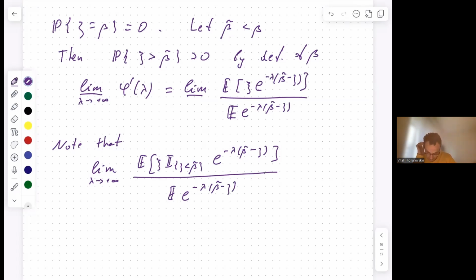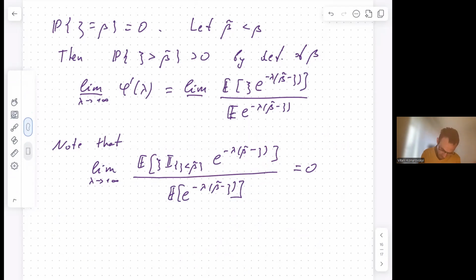And then let's note that the limit here is equal to 0. And here the reason is the following.